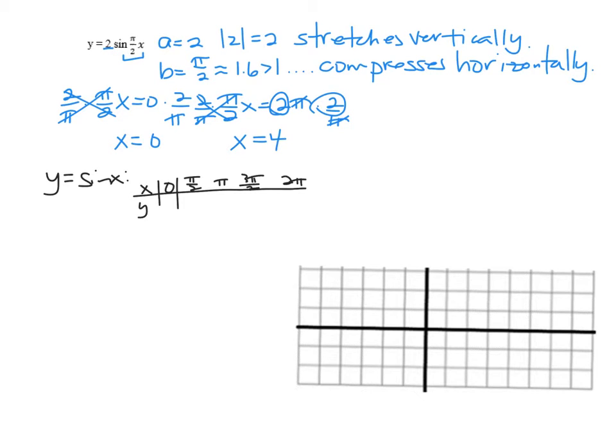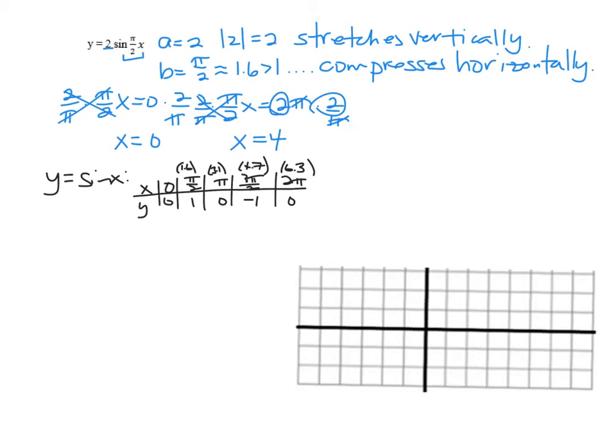And our outputs are 0, 1, 0, -1, and 0. But pi over 2, pi, and so on isn't on our graph. We need to approximate. Pi over 2 is roughly 1.6. Pi is about 3.1. 3 pi over 2 is approximately 4.7, and 2 pi is roughly 6.3.